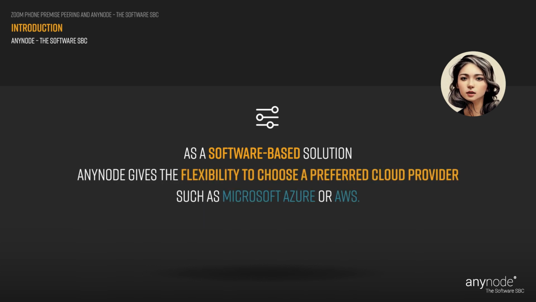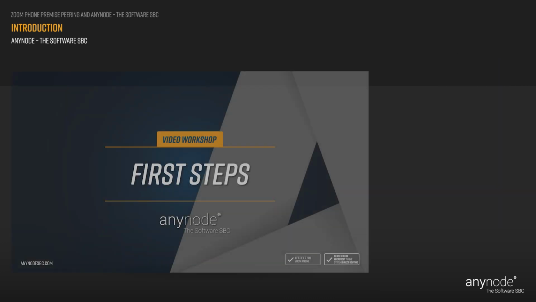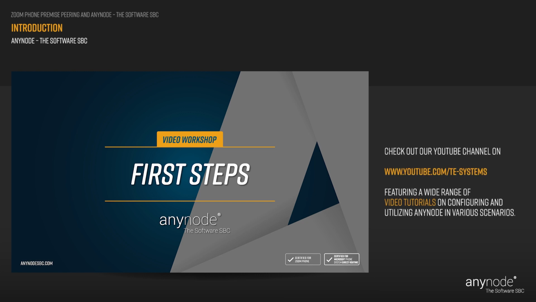This includes the flexibility to choose a preferred cloud provider, for example, Microsoft Azure or AWS. If you want a quick overview of the anynode fundamentals, watch our video, First Steps, on YouTube. In less than 15 minutes, you learn the basic principles of anynode's frontend and tools.